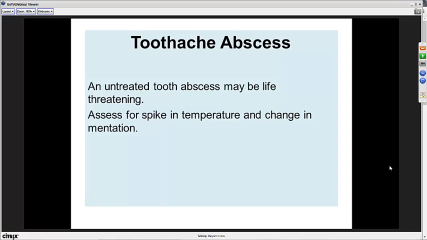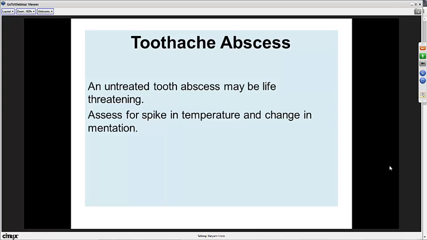Abscess teeth can be life-threatening. In the emergency room, I saw 2 kids under 30 die because of their tooth abscess that they didn't have the money to fix. So, if a person has a tooth abscess, you have to treat it. And you can treat it homeopathically, but they also need to get some dental assistance.